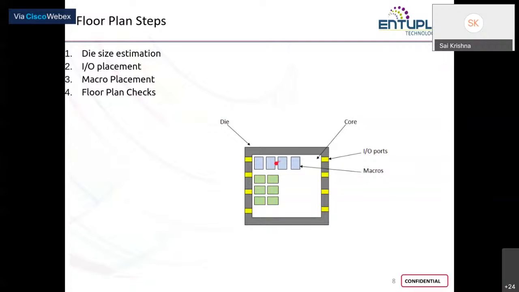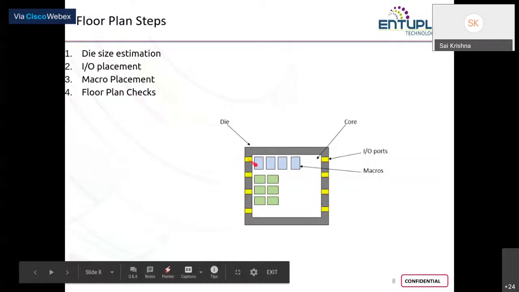Then I'll take the four memory macros and place them together side by side along any one boundary. And I'll also take the PLL and place it at any other location. So like this, I'll first cover all along my boundary.